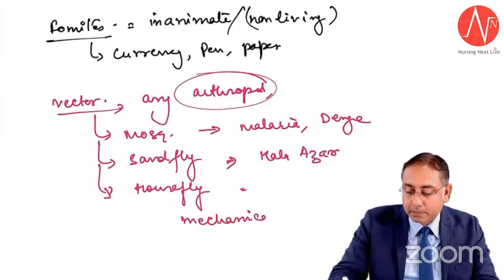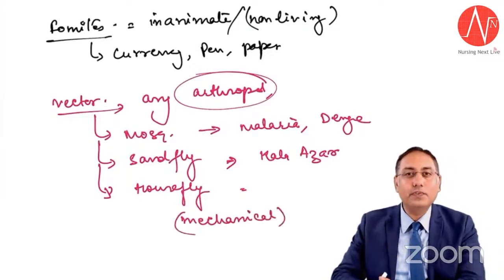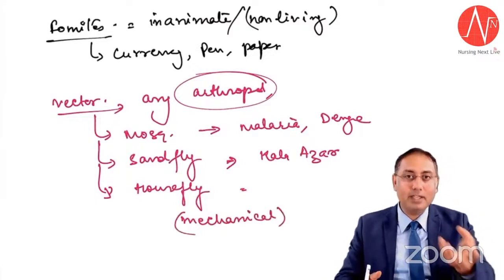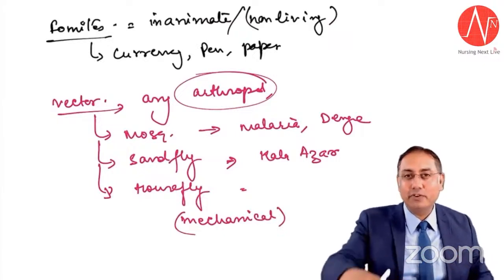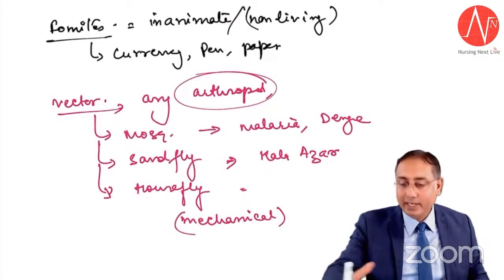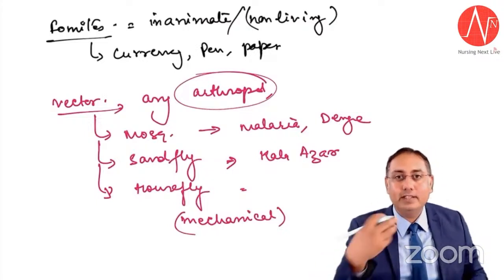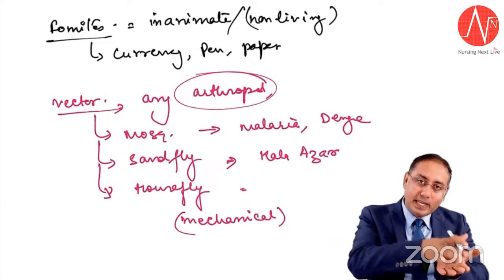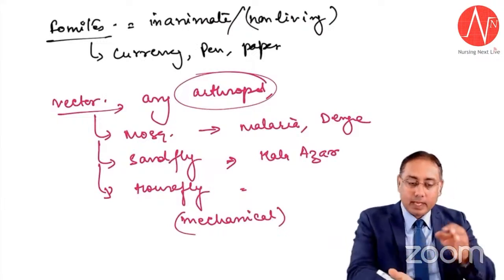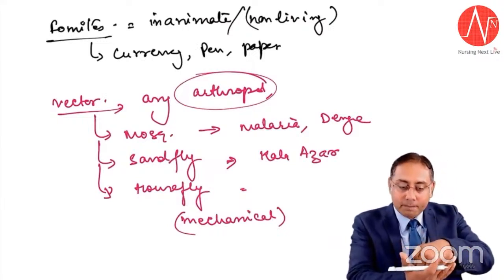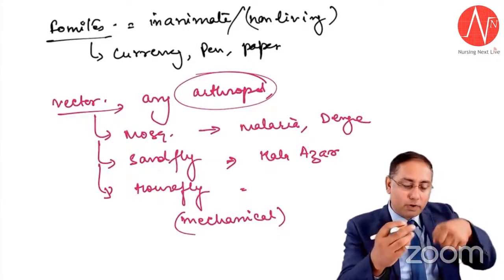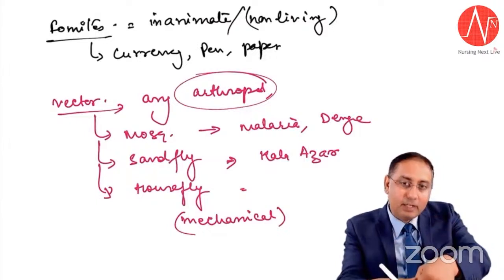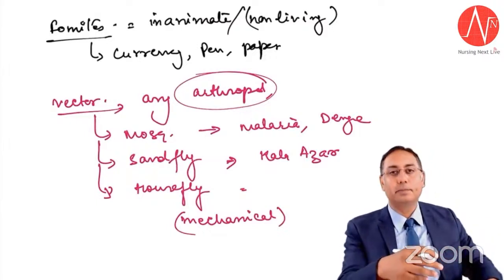Please note mechanical transmission. Do you know how the housefly, the makhi, the common household fly, which is there on food, which is there on feces, how does it spread infection? It doesn't eat the infection, it doesn't eat the feces. The housefly sits on feces, and through the foot of the housefly, the foot will transmit some infectious particles of feces, from the fecal matter or from the soil, to the food.